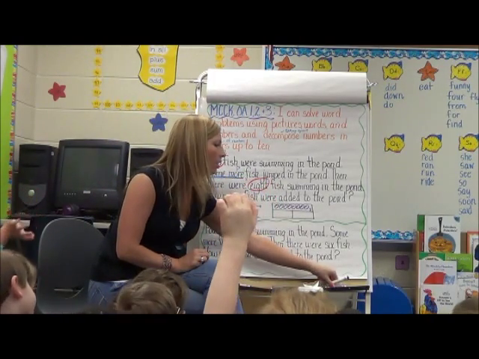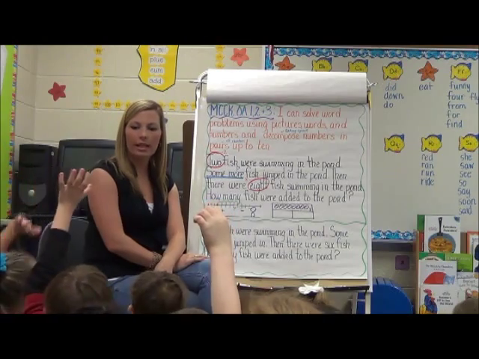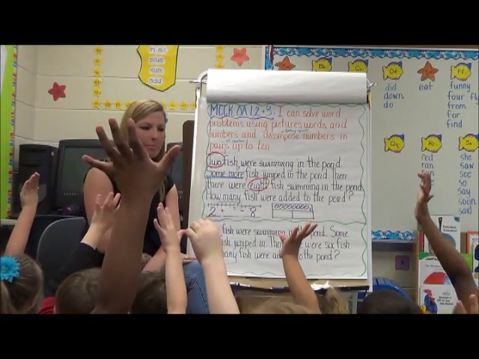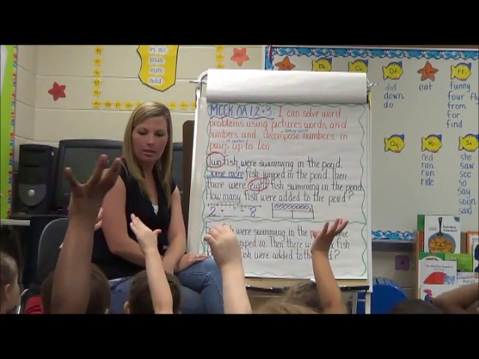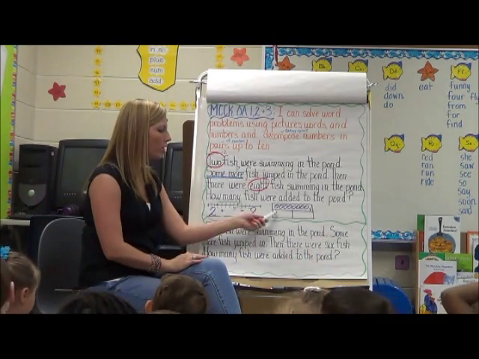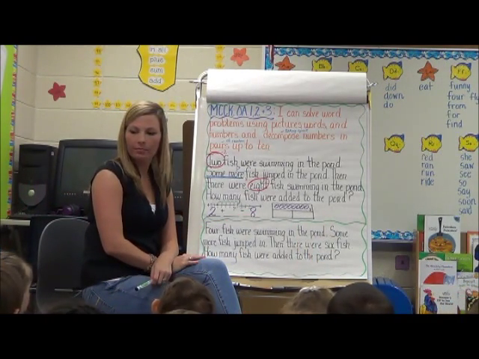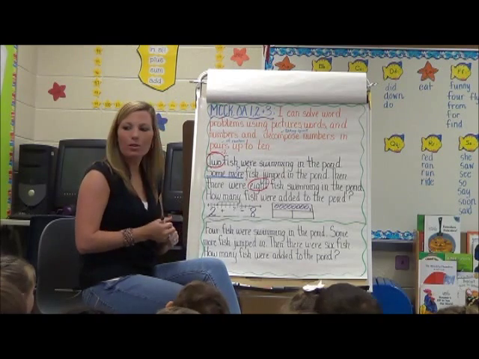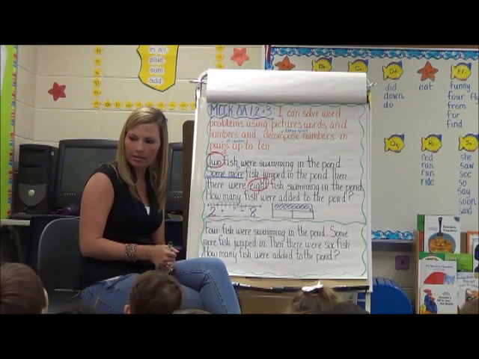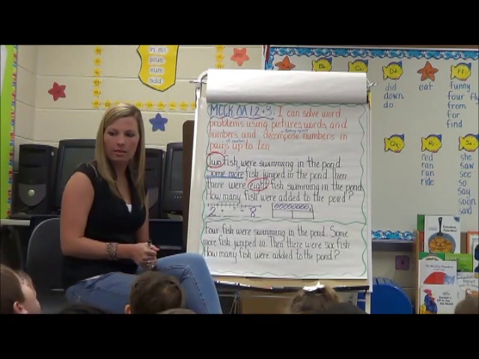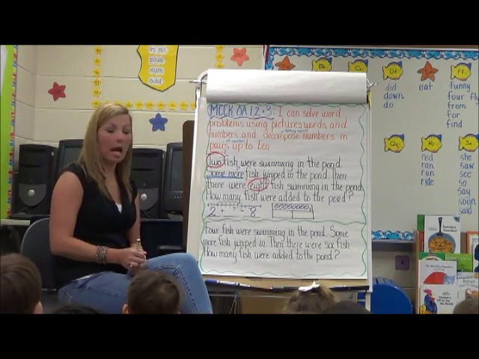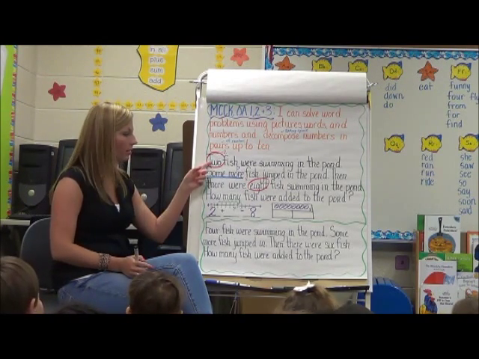Well, let's see here. Who's raising their hand? Caden. What do I need to do here? X out 2. Why do I need to X out 2, Caden? Because how many fish were swimming in the pond? 2.